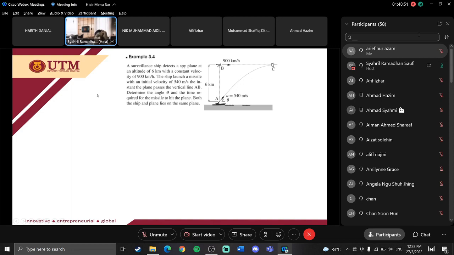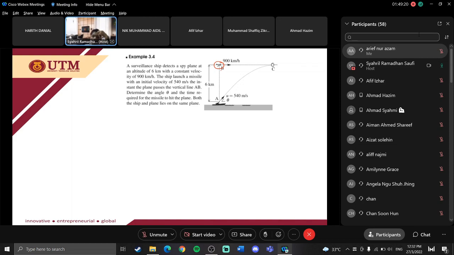So this plane here is moving with constant velocity. When this is a constant velocity, the acceleration will be 0. The ship launched a missile with an initial velocity of 540 meters per second.